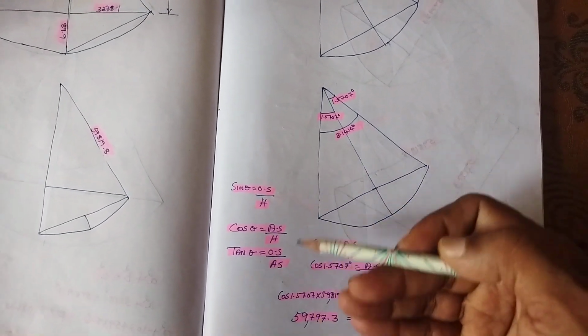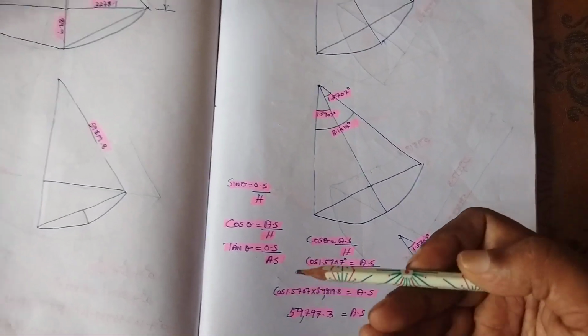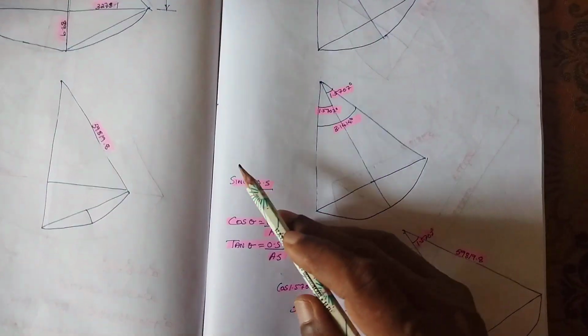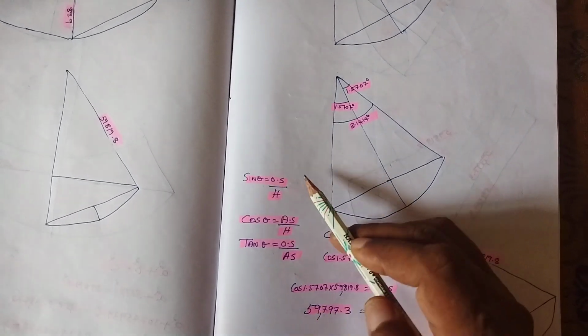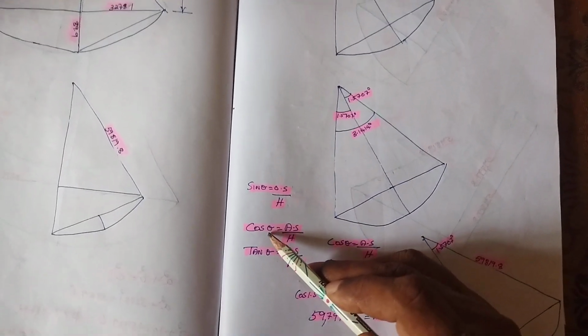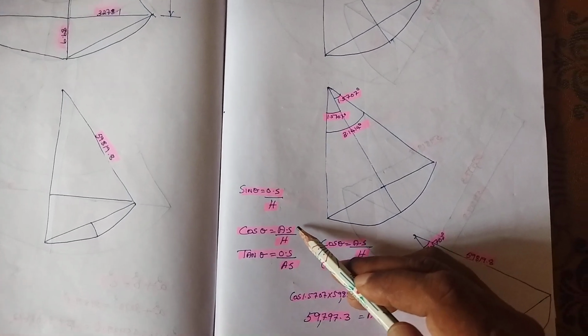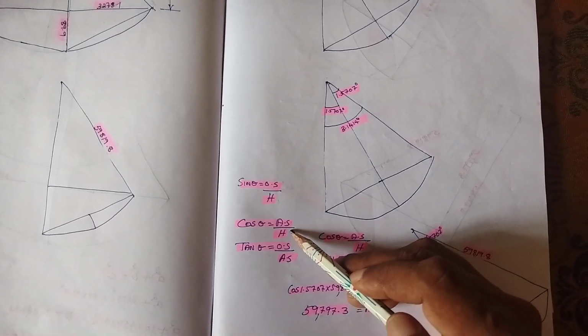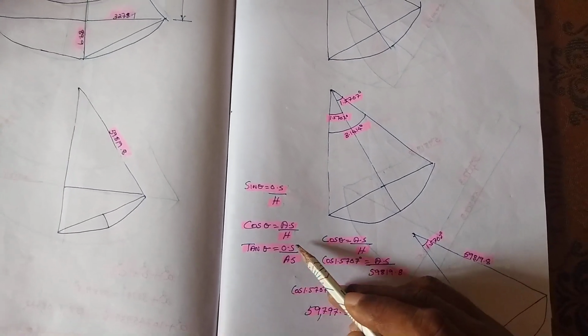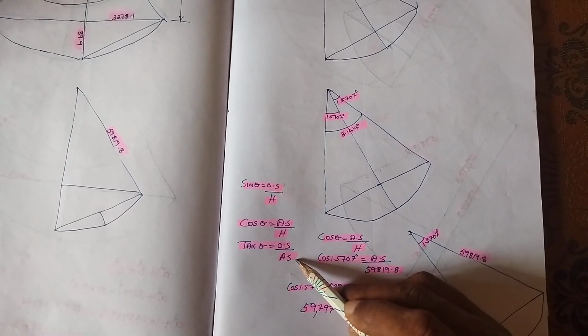I am not telling about it again, because in earlier episodes I have told you about sin theta and its formula, opposite side by hypotenuse, and cos theta, whose equation is adjacent side divided by hypotenuse, and the third formula, tan theta, is equal to opposite side by adjacent side.